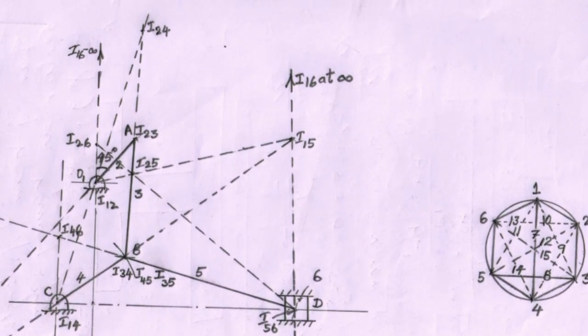Parallel to this line drawn through D, can you see this vertical line drawn through D? D is sliding horizontally, so instantaneous center I16 is at infinity. Parallel to this line, you can draw I16 anywhere you want, because the distance is at infinity.